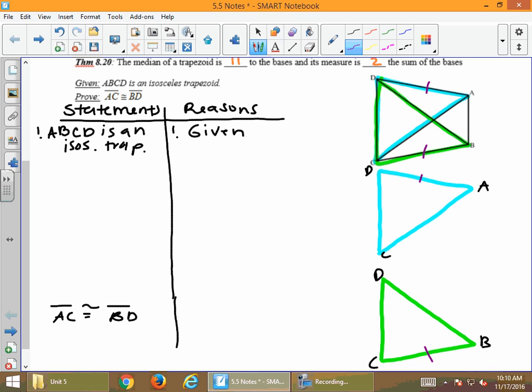in your diagram. We mark DA, so I'm going to mark DA. We mark CB, sorry. CB, so I'm going to mark CB. And then state that in your proof. We said DA was congruent to CB. What's our reason going to be?